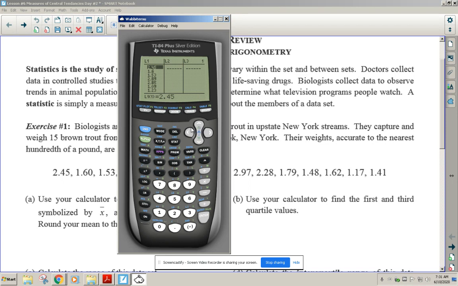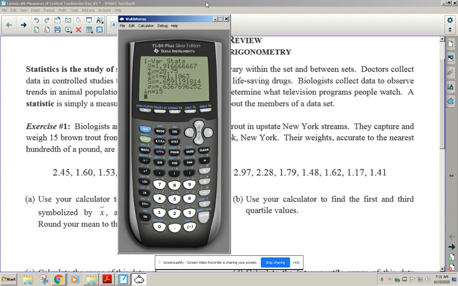So it says use your calculator to find the mean weight and round your answer to the nearest hundredth. So we're going to go stat, calculate variable statistics. It is a single list, so you just go to calculate, or on an old calculator, hit enter, and we get that the mean is 1.916 repeating, which means the mean is 1.97.